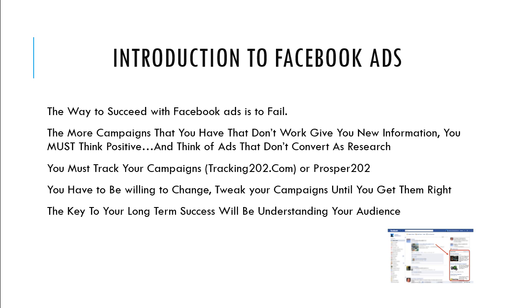You're going to need to be able to understand how they're going to react to your advertisement, and you're going to need to be willing to change it until you find what starts to convert. We're going to show you how to do that. Actually, we're going to tell you exactly how you can literally read their minds and figure out what is going to work until you find the right combination of factors that will work.